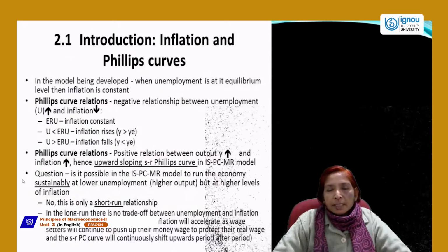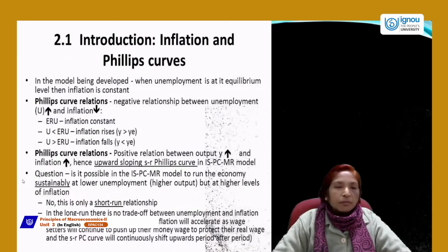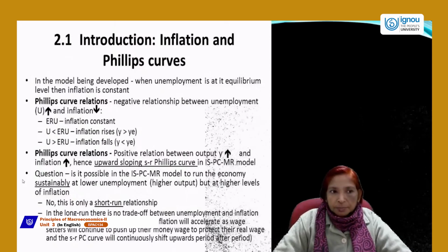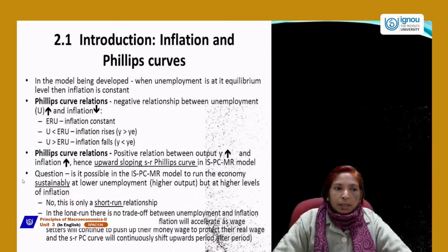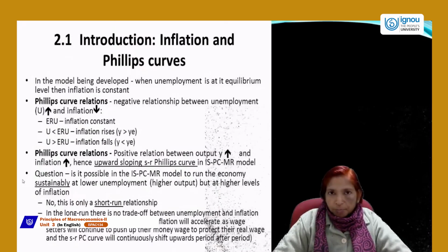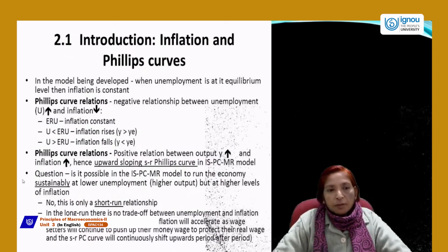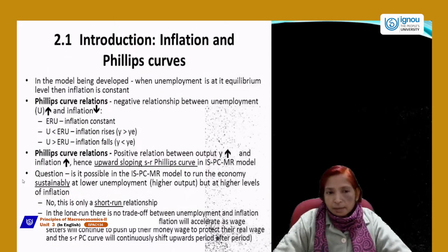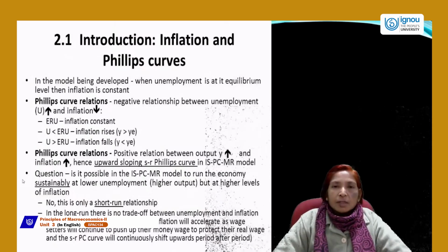The Phillips curve explains the negative or inverse relationship between unemployment and inflation. If inflation is constant, then unemployment will also remain constant. If inflation rises, then unemployment will be less. If inflation falls, then unemployment will rise. So inflation and unemployment have an inverse relationship.